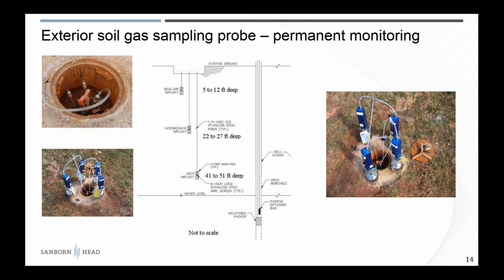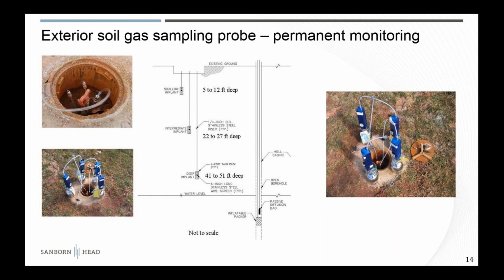So this is an example of a nested soil gas monitoring setup. The 3 probes across a bedrock situation here, and they're constructed with 6-inch long stainless steel screen connected to 1/4-inch riser, and they're all in the same core hole here.